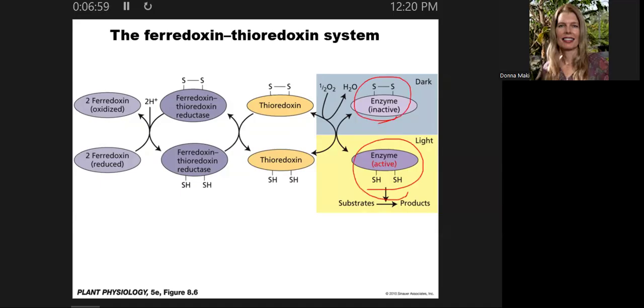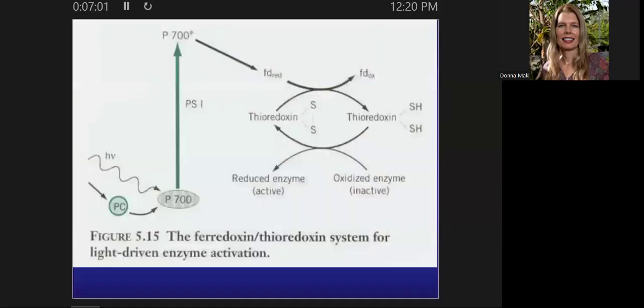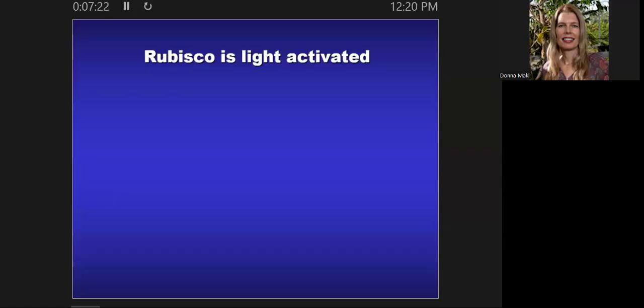And then here's another glimpse at it from a different source, saying the same thing, trying to intimate that, yes, you definitely need light energy for ferredoxin to get reduced. Okay, so 4 enzymes at least can do that process. Rubisco is a little different. It's also activated by light, and this is through a different system.